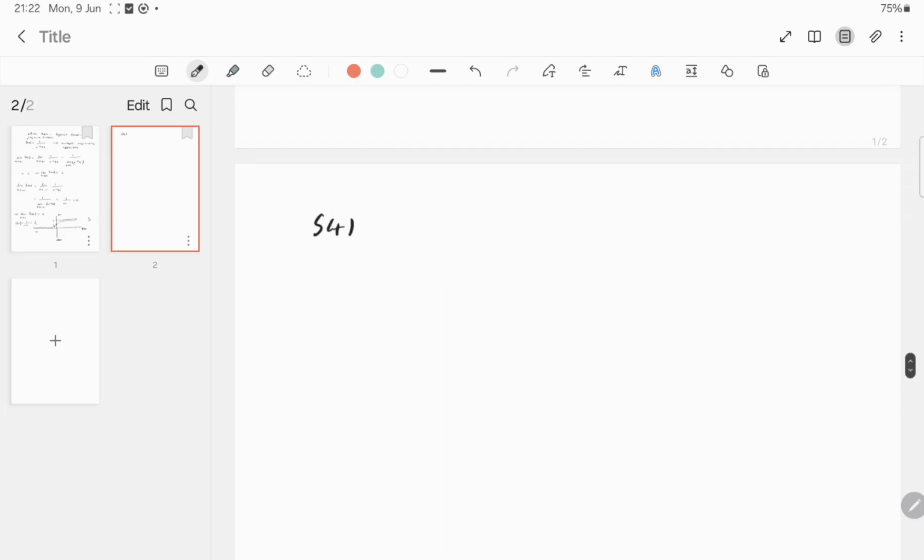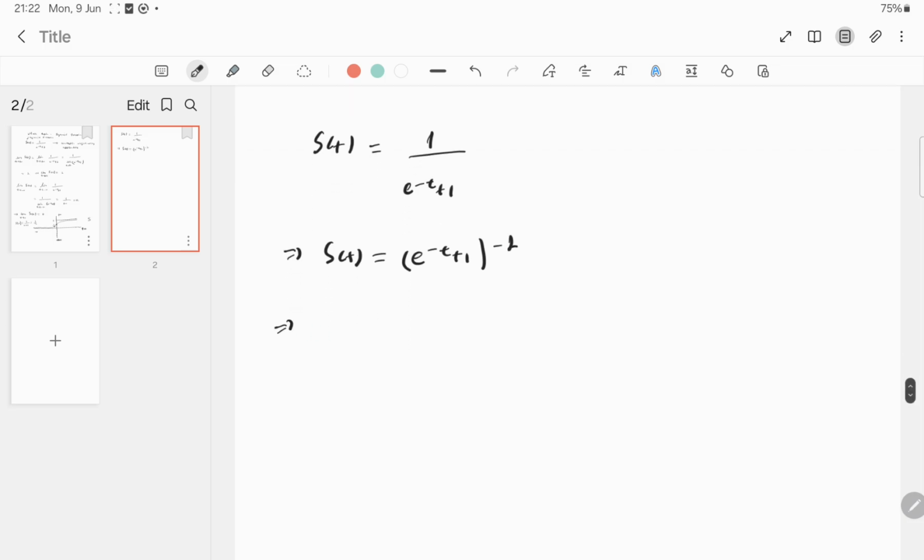Now let's differentiate the function s of t. I will just polish it a little bit: e to the minus t plus 1 to the power of minus 1, and I take the derivative of this function.